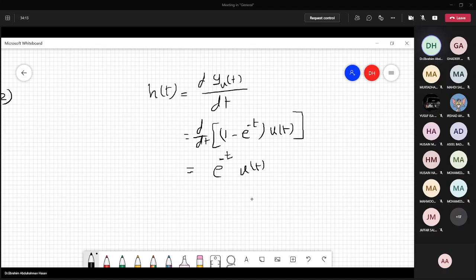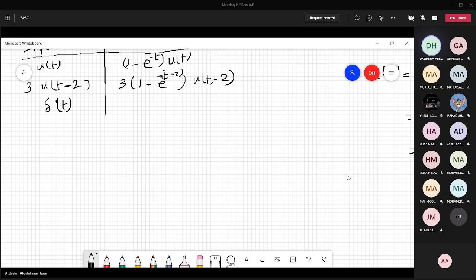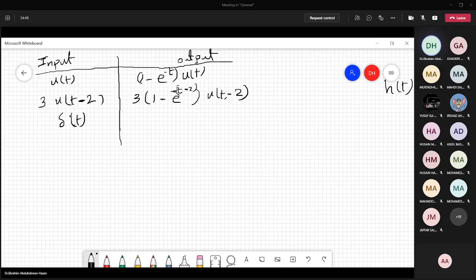But this amount, at delta of t where t is not equal to 0, is e to the power of 0, which is equal to 1. So 1 minus 1 is equal to 0. So it becomes e to the power of minus t, u of t. So this is h of t. If the input is an impulse, then the output we call the impulse response. It's equal to e to the power of minus t, u of t.